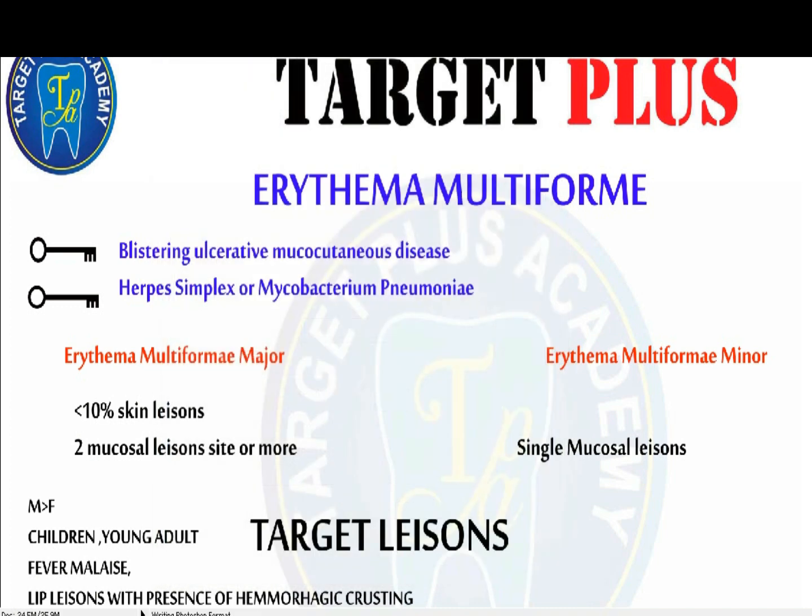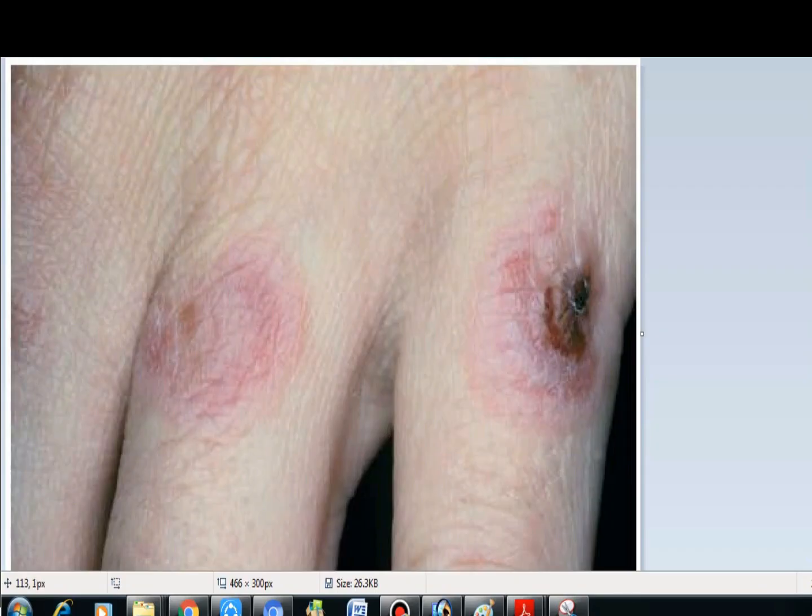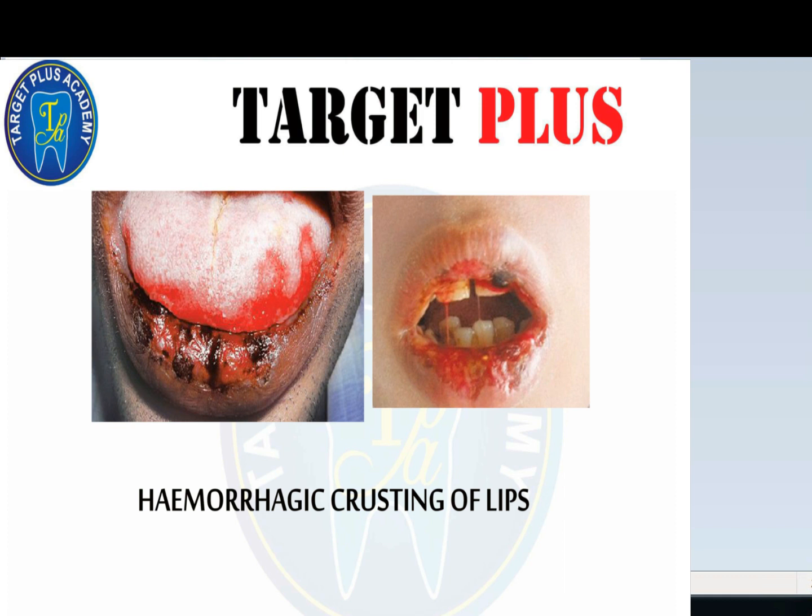The lip is the most prominently involved site, followed by the buccal mucosa, palate, and tongue. An important diagnostic feature is lip lesions with the presence of hemorrhagic crusting. You can clearly see these lip lesions are extensive with the presence of hemorrhagic crusting.